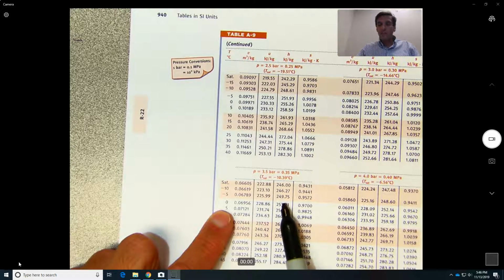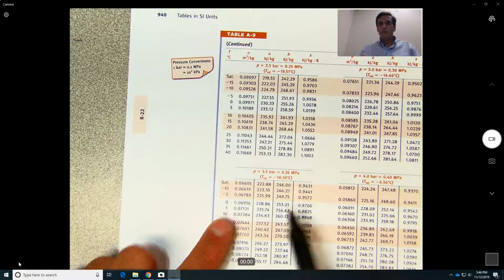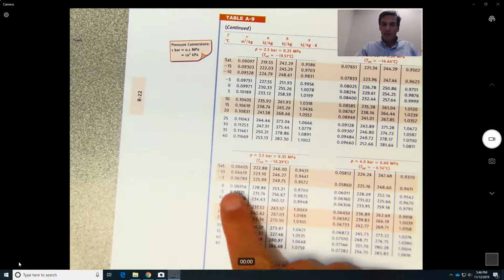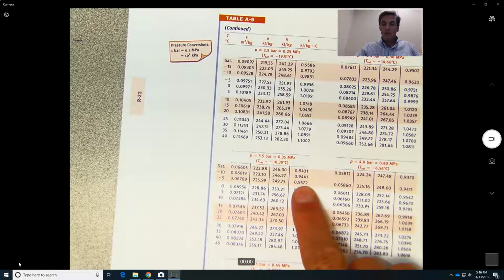What is H? H1 equal 249.75. Okay, and also we can see that S1 will be equal to 0.9572.